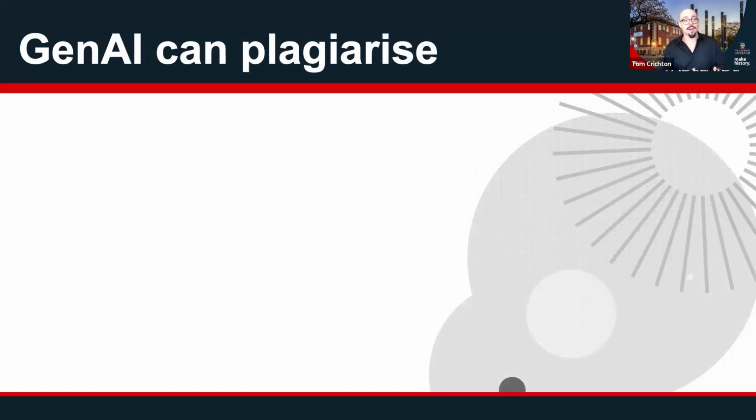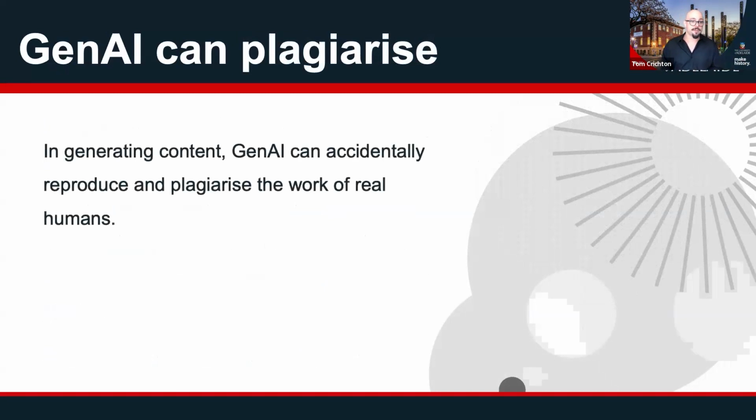And Gen AI can also plagiarize. It's another thing we need to look at when evaluating AI. So in generating content, Gen AI can accidentally reproduce and plagiarize the work of real humans. Now, fundamentally, most of the Gen AI tools aren't really storing copies of the data it's trained on to draw from. So when you prompt a Gen AI tool to create some text for you, it's not actually going and looking at copies of Charles Dickens's work, for example, to create the output.